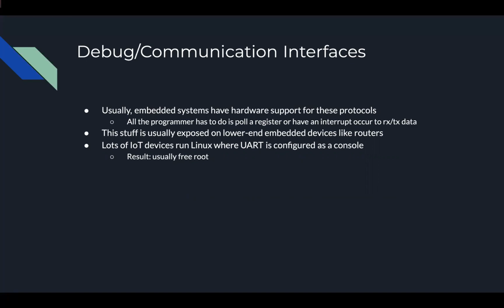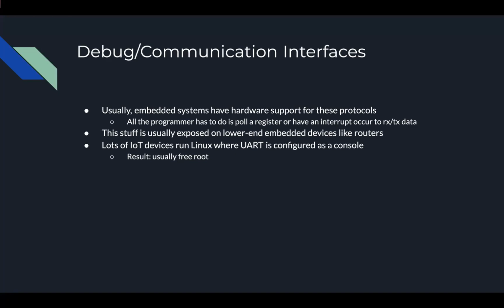Generally, on especially lower end embedded devices like routers, you're going to basically always find a UART shell that may or may not be protected. A lot of times it's not. And I guarantee that some of you here today, if you took your router at home apart, could identify UART pins really easily and just get a root shell on what is basically a Linux computer that happens to route all your internet traffic.